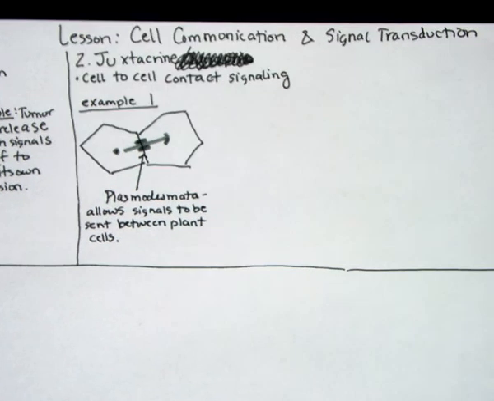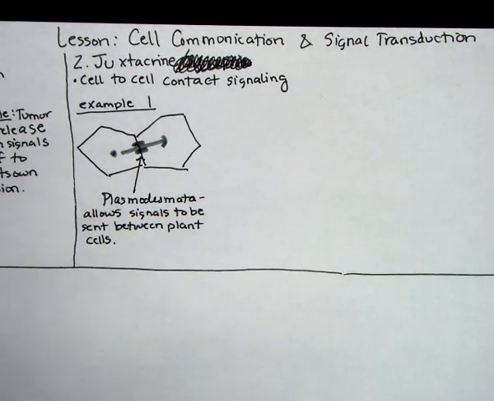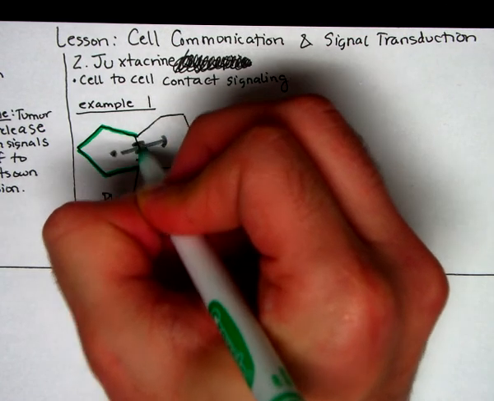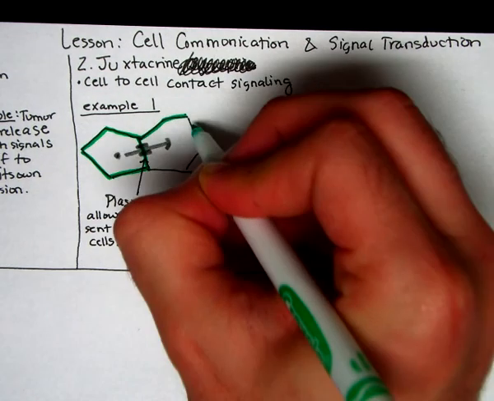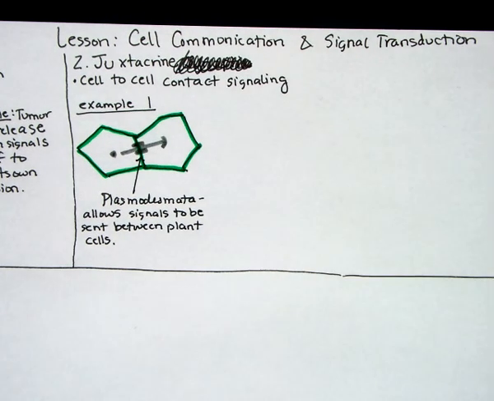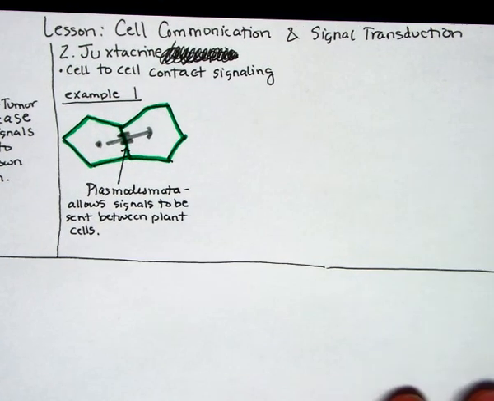And these are our plant cells. That has a lot to do with plant cells have cell walls, and oftentimes it's hard to get signals through there, so they have these plasmodesmata to help facilitate that.